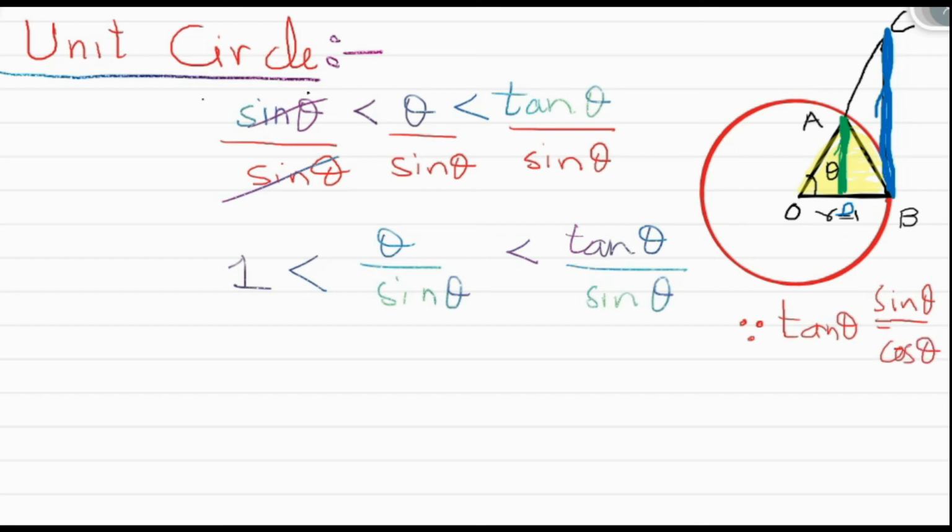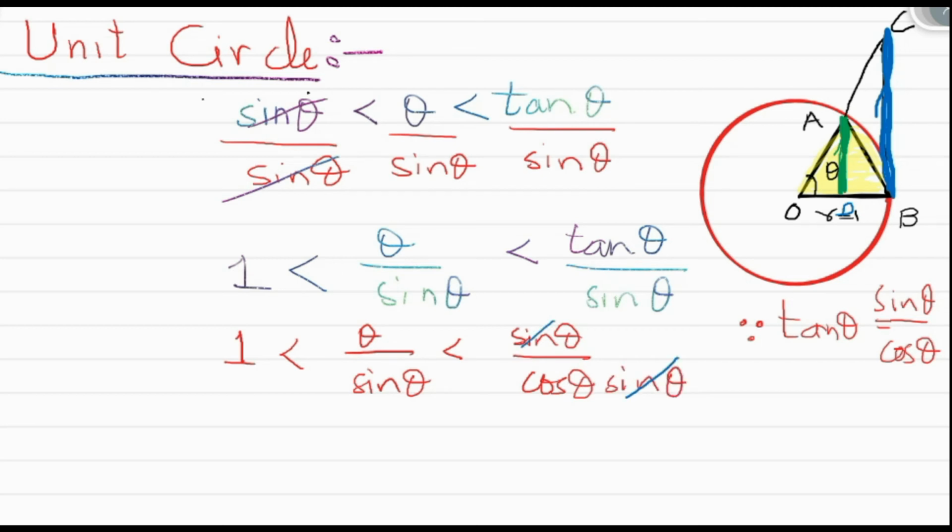So I get 1 is less than theta by sin theta, which is less than sin theta over cos theta times sin theta. Sin theta again cancels with sin theta, so I am left with 1 is less than theta by sin theta, which is less than 1 over cos theta.